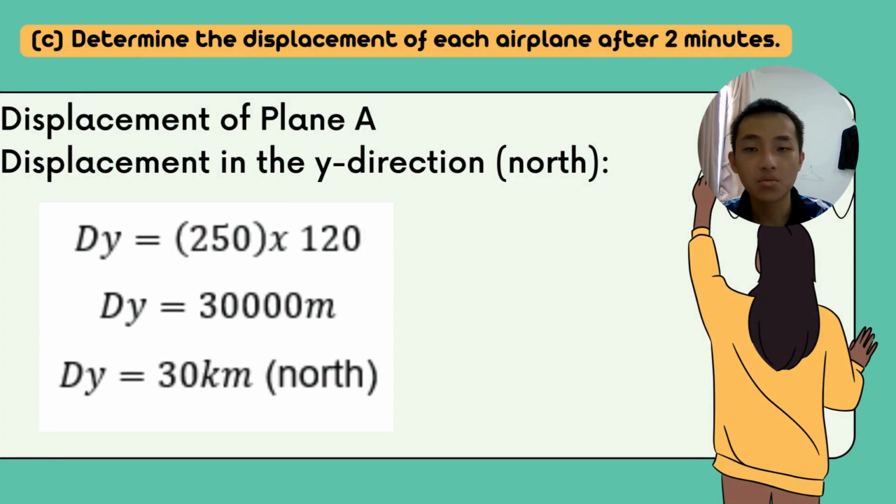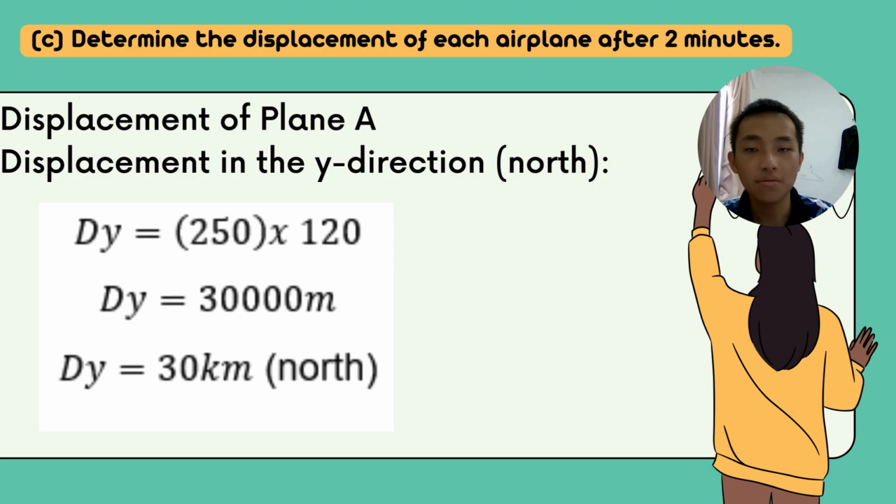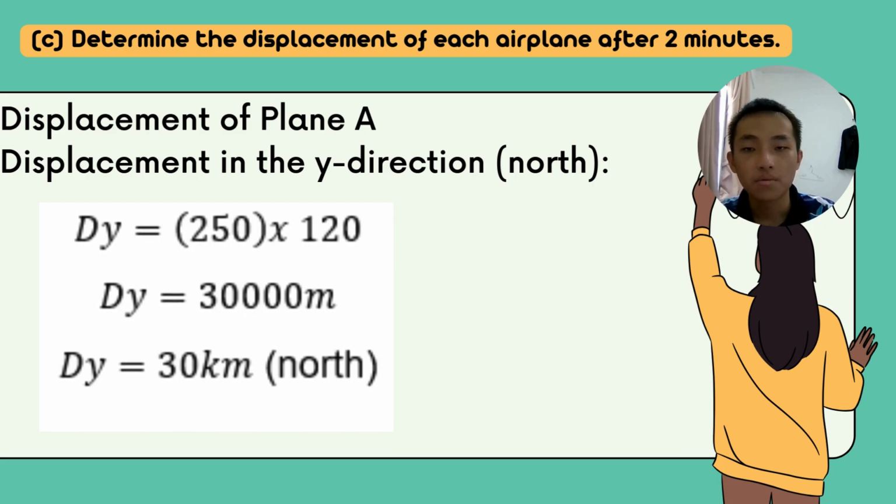For the displacement in the y direction, north, we need to use 250 times 120 and we will get 30,000 meters, which is 30 kilometers to the north.